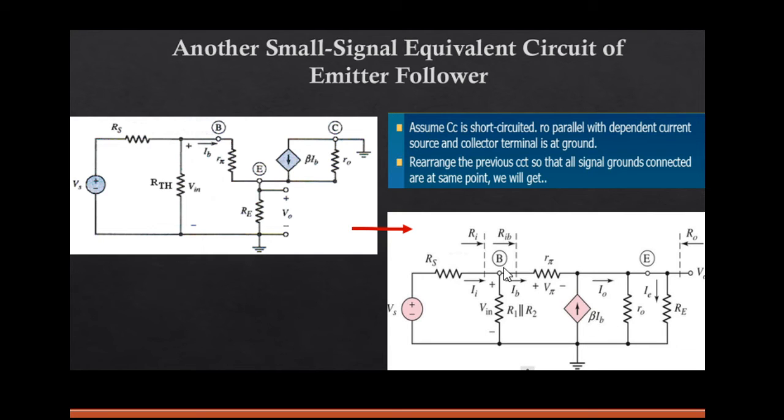Between base and emitter R pi is connected, and from the collector to the emitter the current source arrow has to be drawn correctly, beta IB. Then you have to mark this RIB, which is the internal resistance with respect to base, and this is the output resistance. So input is given to the base, output is taken from the emitter, and finally the collector terminal is grounded.